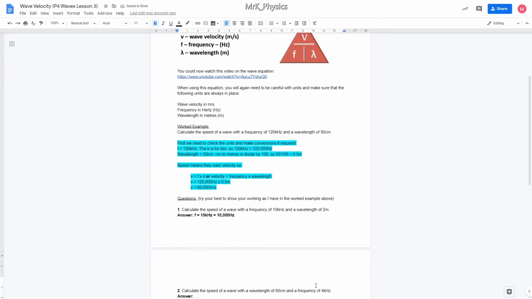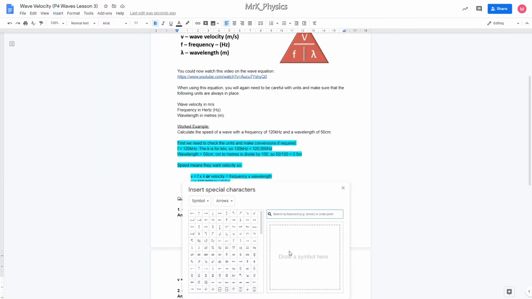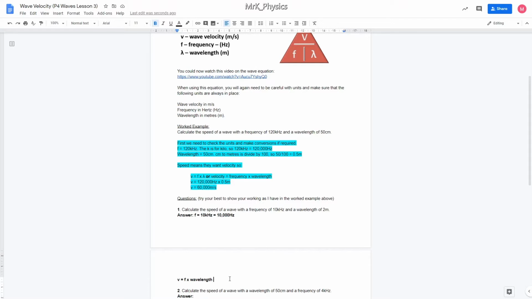So our next line, because we're trying to work out the speed or the wave velocity, I'm just going to put here V equals F times wavelength, rather than each time going to insert and then your special character to put in your lambda, which you could do, but it will just be easier for this video to put times by wavelength. So that's good so far.